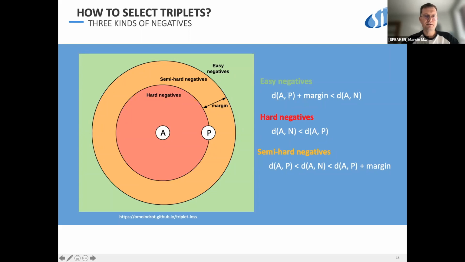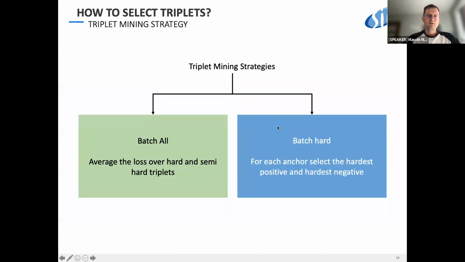Hard negatives are negatives that are located closer to the anchor than the positive, and semi-hard negatives are negatives that are in between the hard negatives and easy negatives. It means that they are further away than the positive, but not further away than this margin distance value. So knowing what we are looking for, we could simply average the loss over all hard and semi-hard triplets.